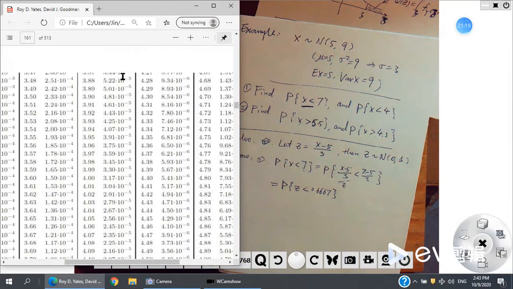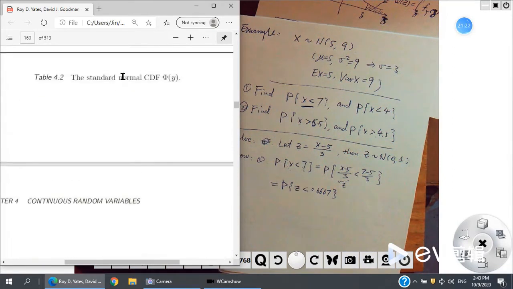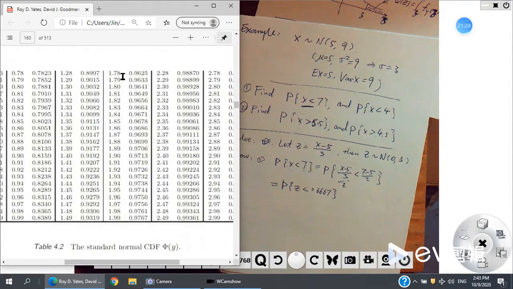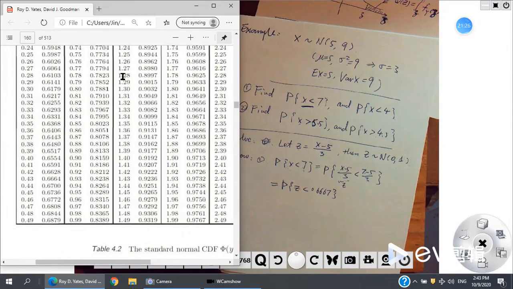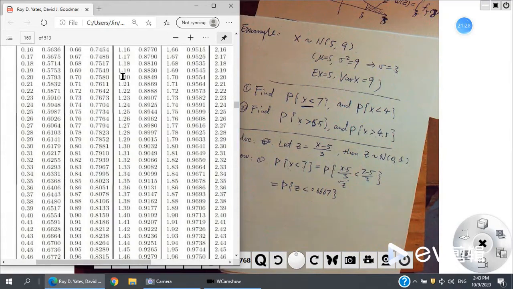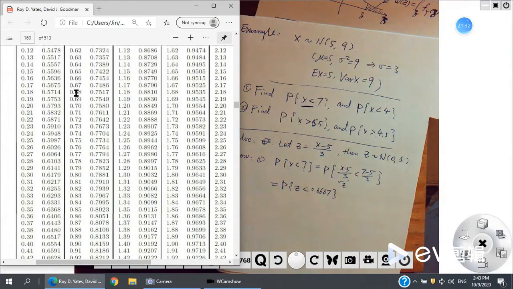0.667. Now, I can only have this, right? The table just looks like this.